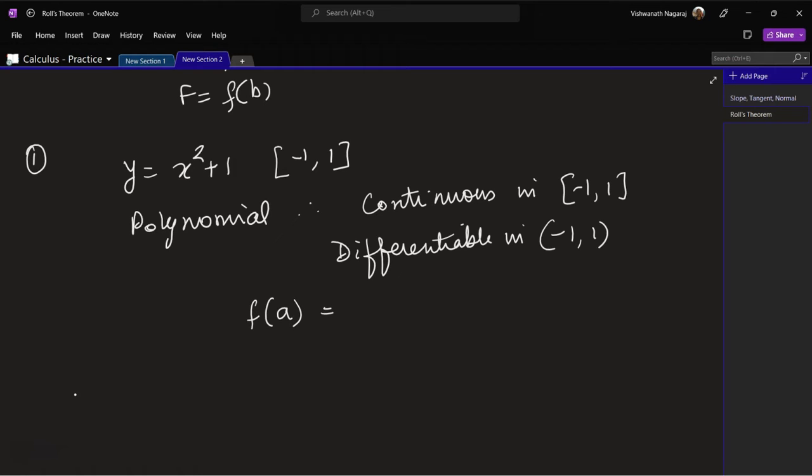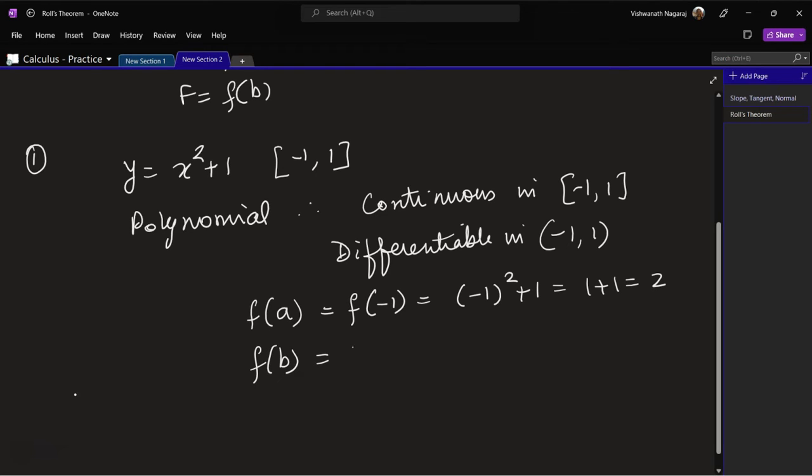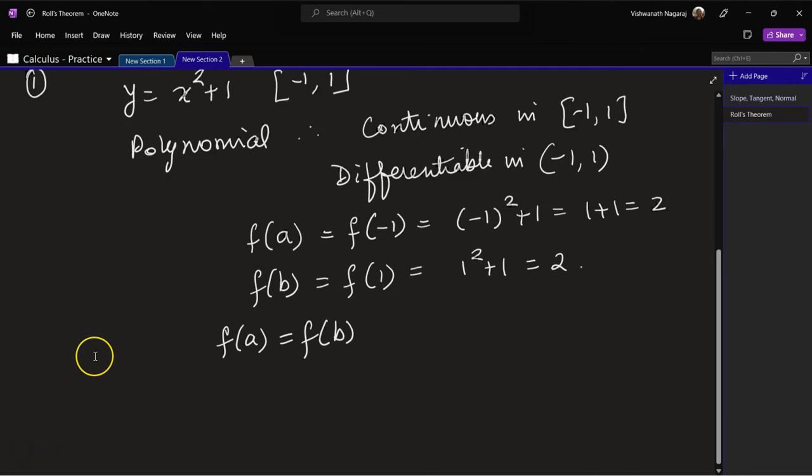So here f of a is nothing but f of -1, and f of -1 is -1 square plus 1, which is 1 plus 1, which is 2. Similarly, f of b is going to be f of 1, which is equal to 1 square plus 1, which is 2. So f of a is equal to f of b.